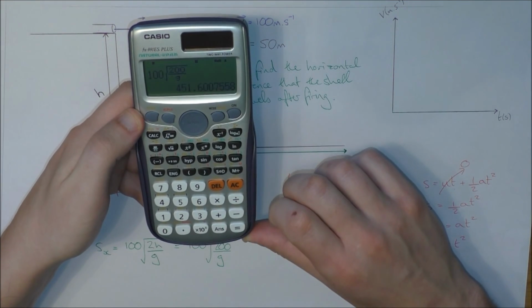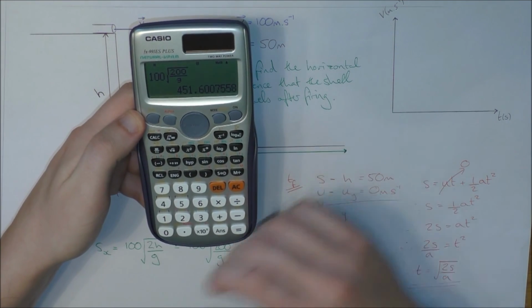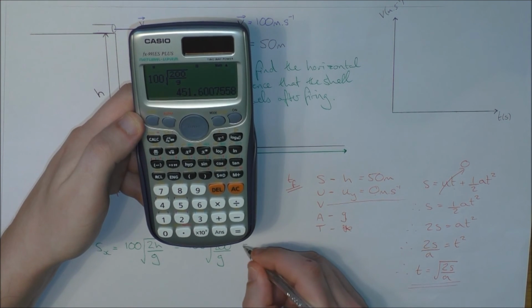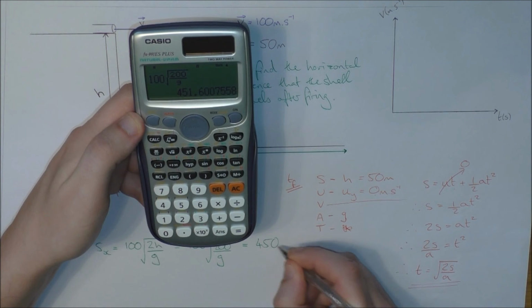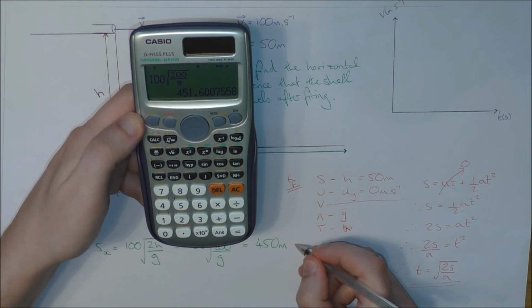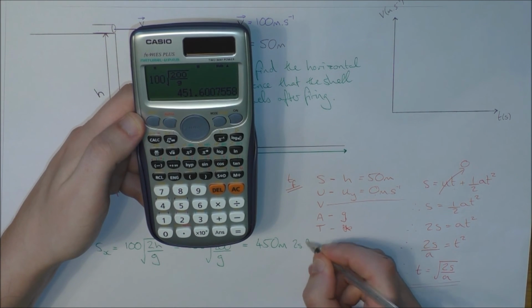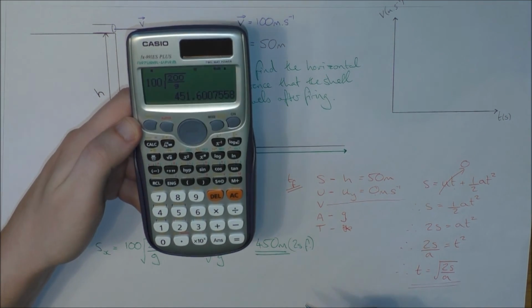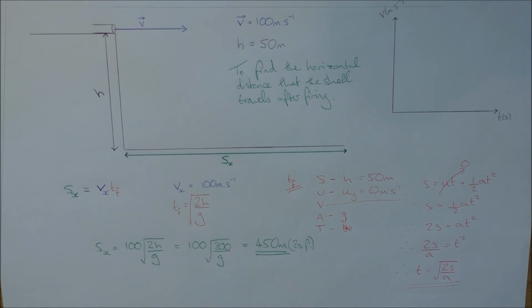Then if I press equals, I get 450 metres. That's to two significant figures. I can double underline that. So that's how you find the horizontal distance.